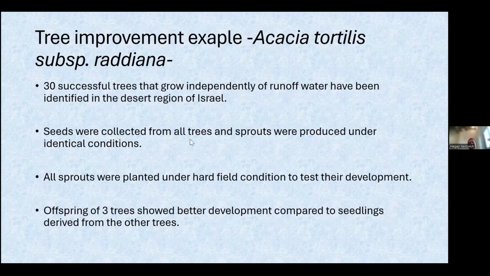But now I made a test and I saw that actually 3 trees have better offsprings, and their offsprings showed better development than the others.